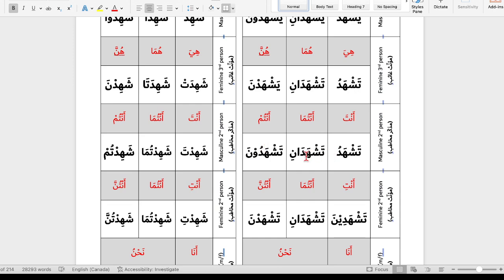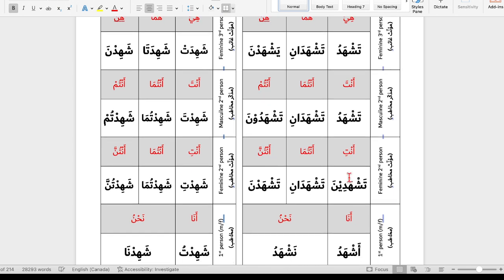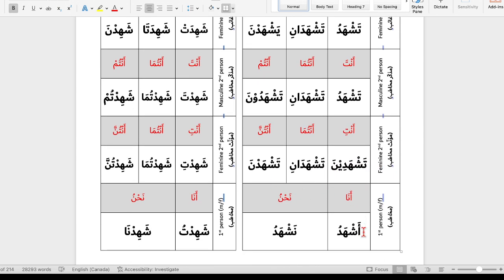Anta tashhadu, antuma tashhadani, antum tashhaduna. Anti tashhadina, antuma tashhadani, antunna tashhadna. Ana ashhadu, nahnu nashhadu. Here ashhadu means I witness, I testify. Ashhadu an la ilaha illallah, ashhadu anna Muhammadar Rasulullah.